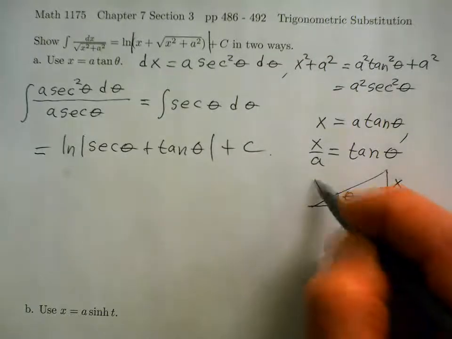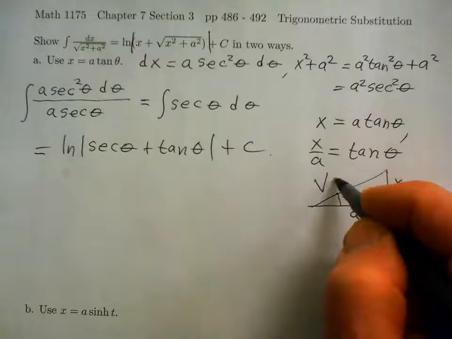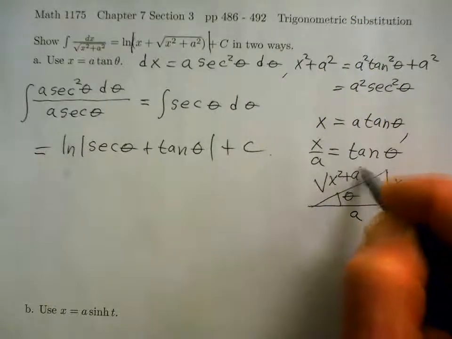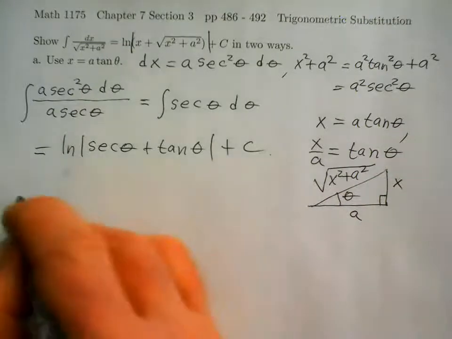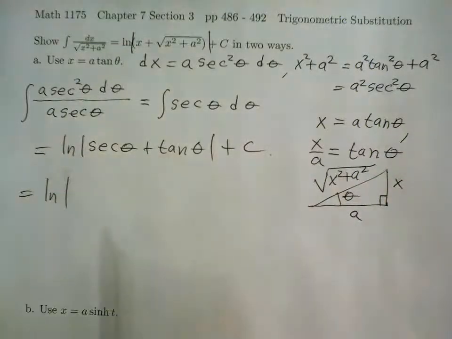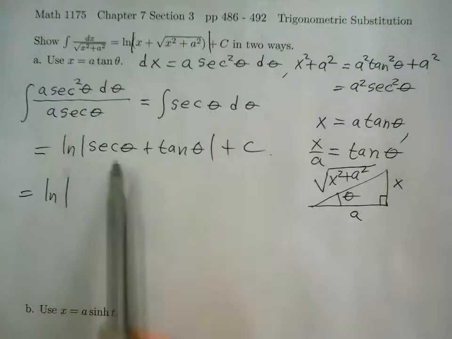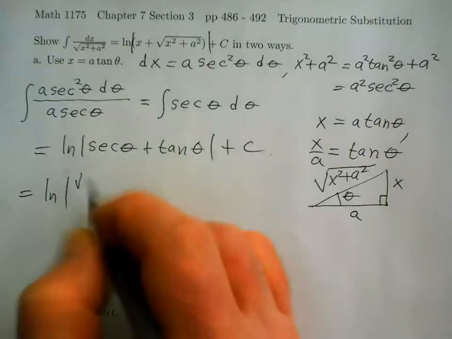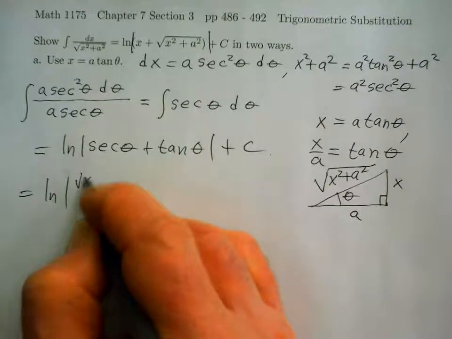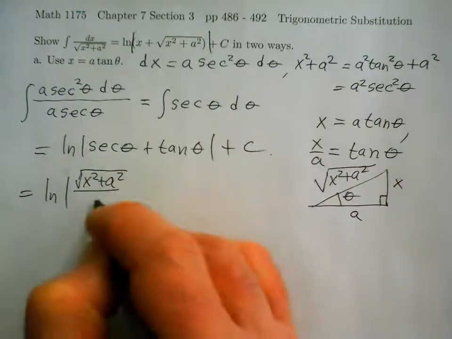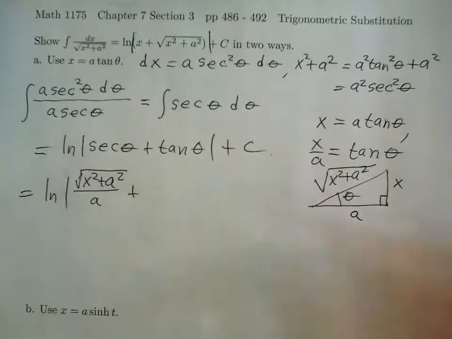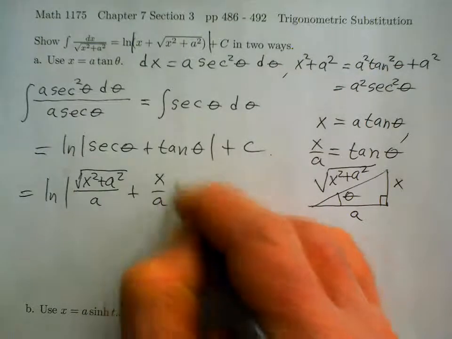And the hypotenuse is the square root of x squared plus a squared. Okay, so the natural log of, instead of secant of theta, we write the square root of x squared plus a squared over a plus tangent of theta is plus x over a plus c.